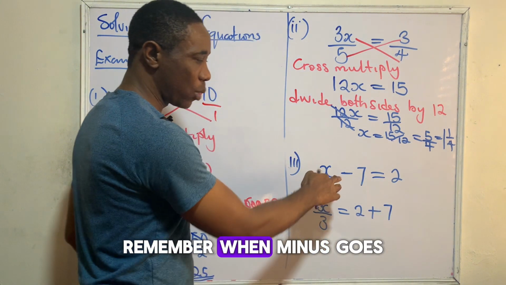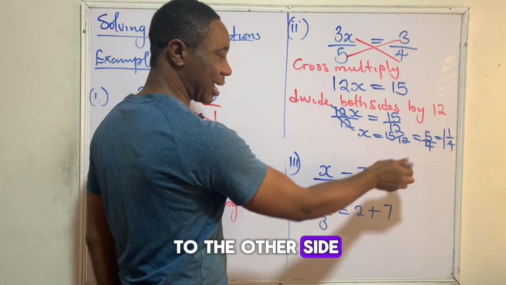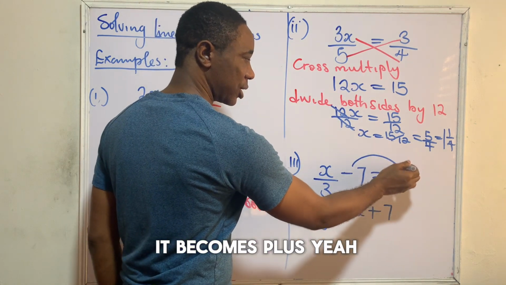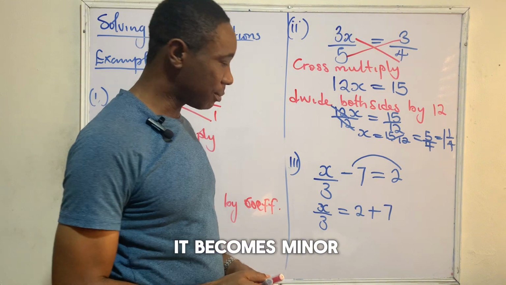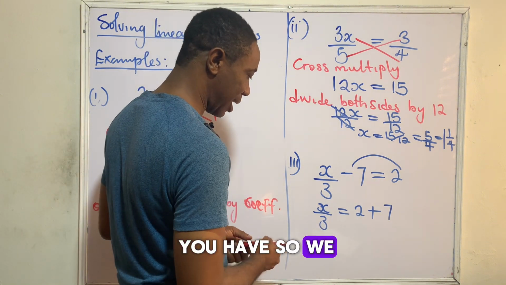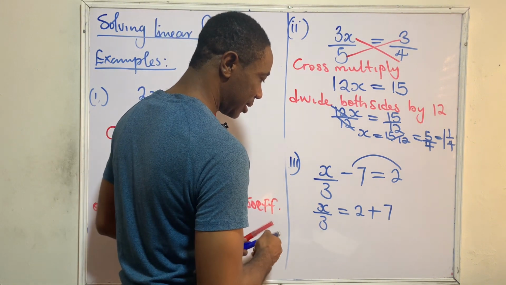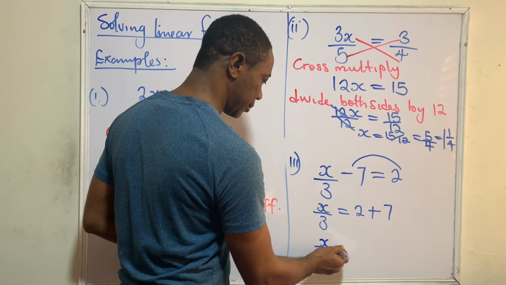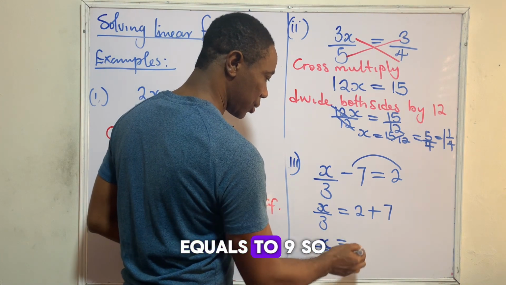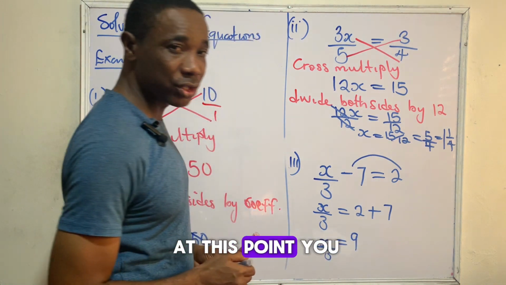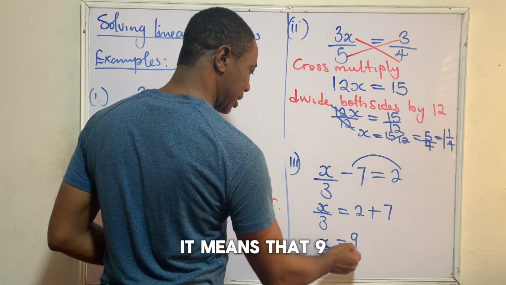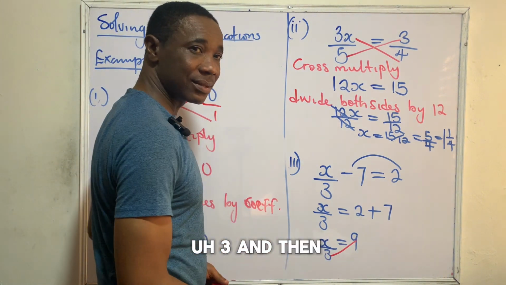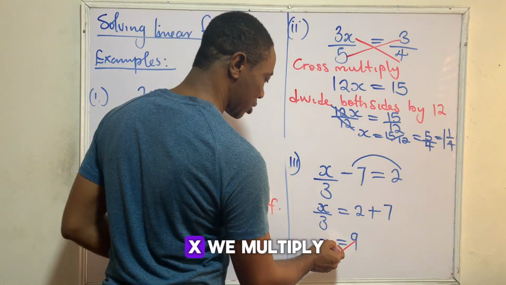Remember, when minus goes to the other side, it becomes plus. Yeah? And when plus goes to the other side, it becomes minus. So we now have x over 3 equals 9. At this point, you can cross multiply. It means that 9 will multiply 3, and then x will multiply.